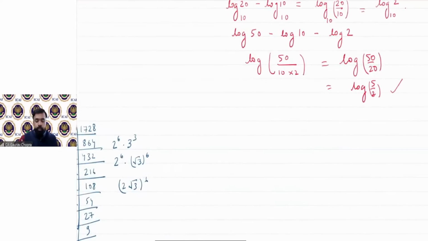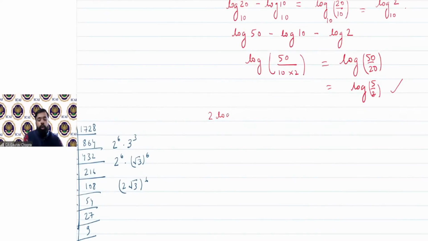Then let's take one more example. If we have 2 log of x base a, since 2 is coming forward, we can bring it back in the power. So this property is interchangeable. It becomes log of x square base a.